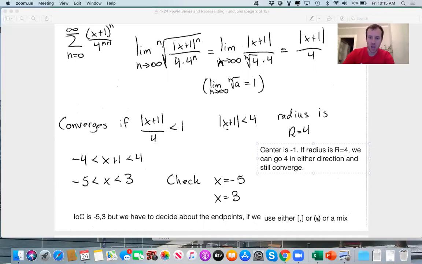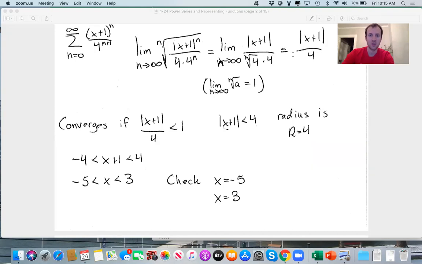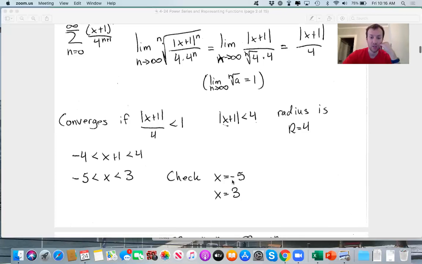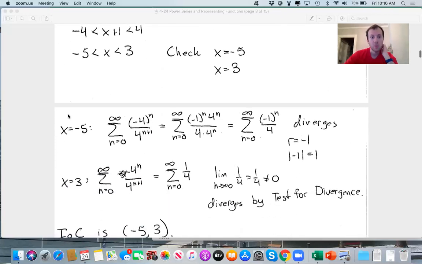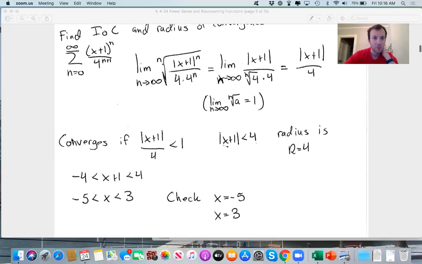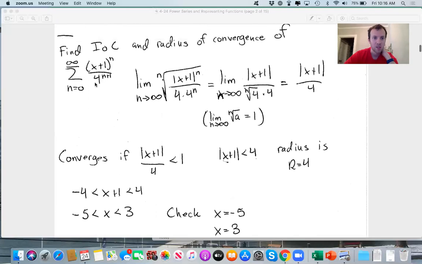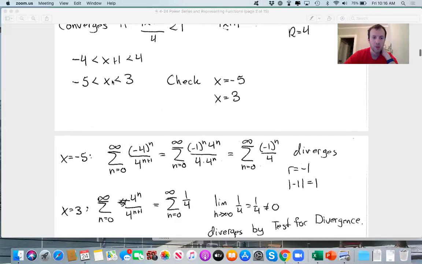But what we need to check is, what do we do with these endpoints? With the endpoints, we really need to put them in, see that we get an actual number series, and see what that series does. So if we put in -5, remember we're putting it into (x plus 1) to the n over 4n plus 1.